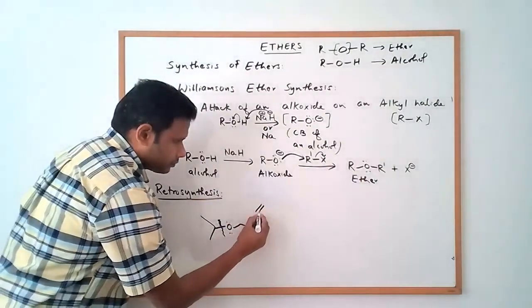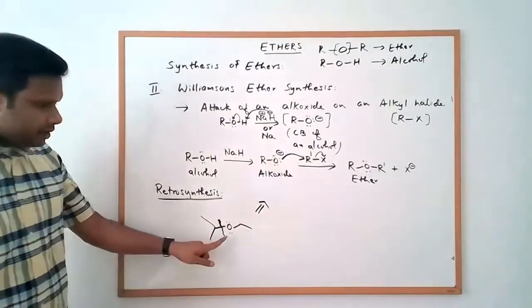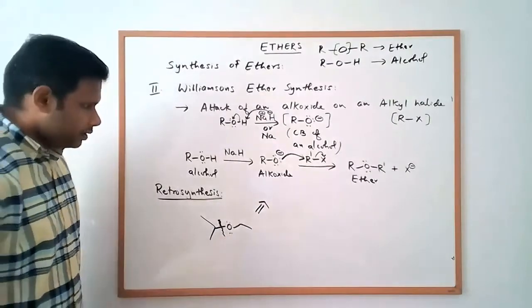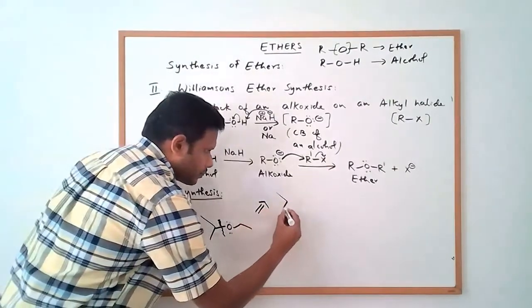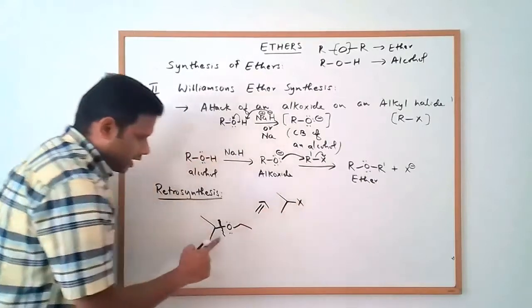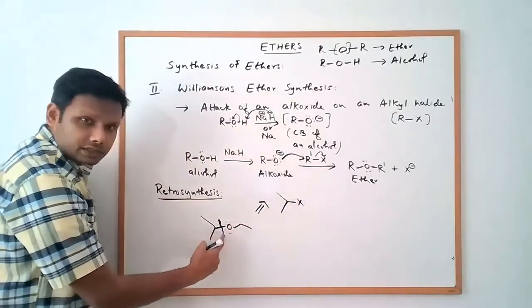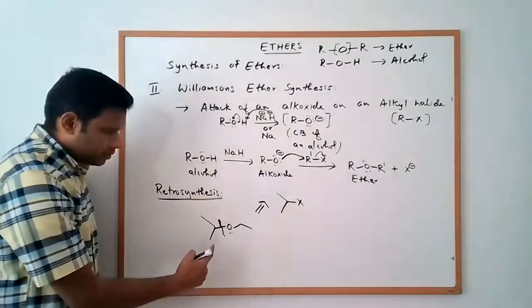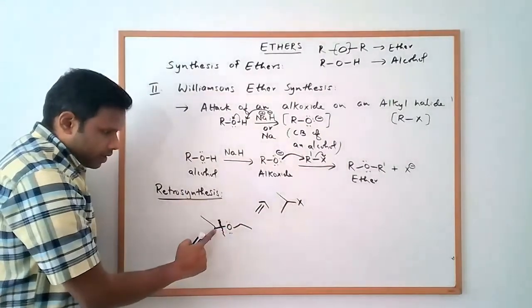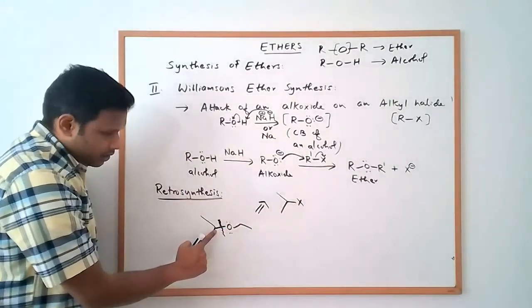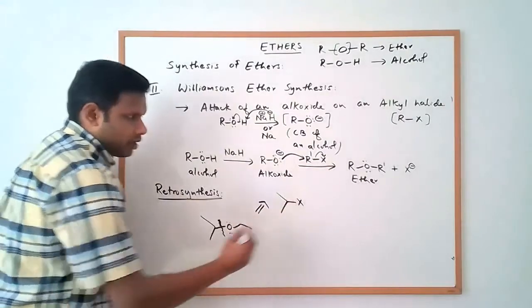So one possibility is that this ether can be made from an alkyl halide like that. Since the oxygen is on the other side of this disconnection that I made, I'm going to add the halogen to this carbon here, okay?